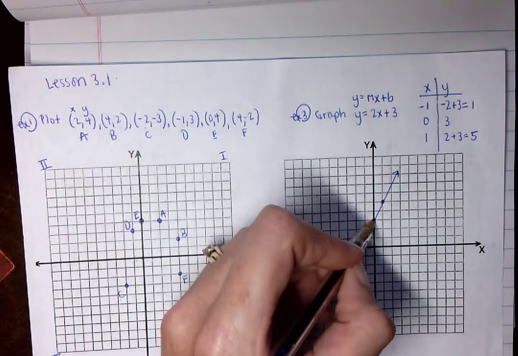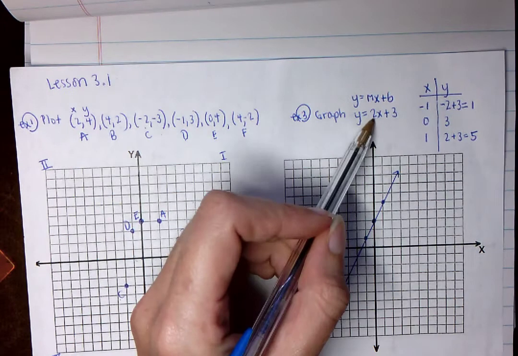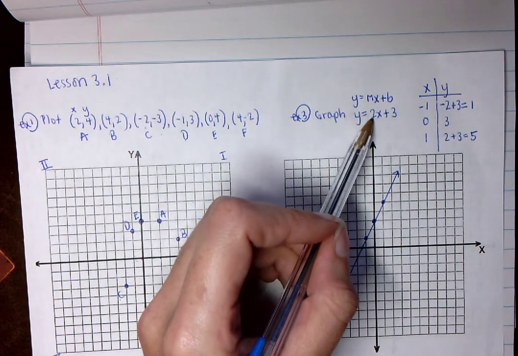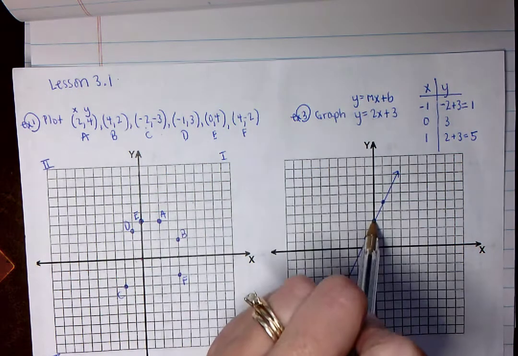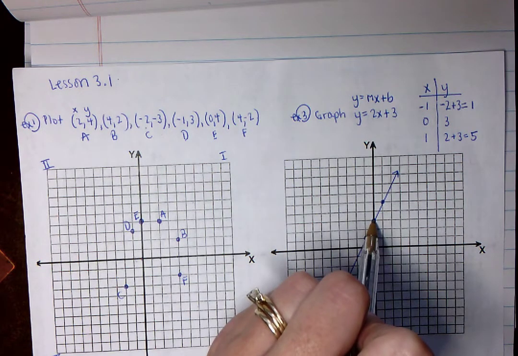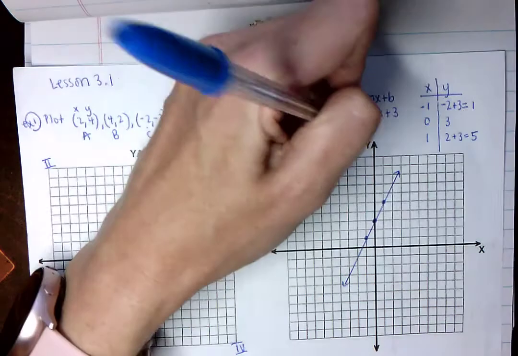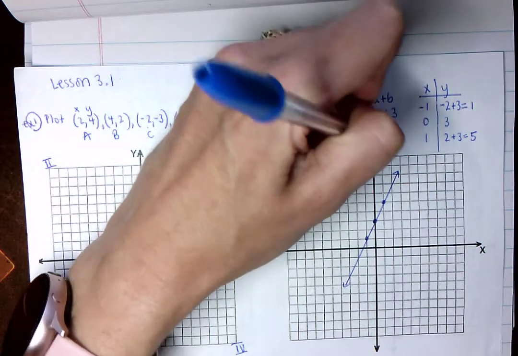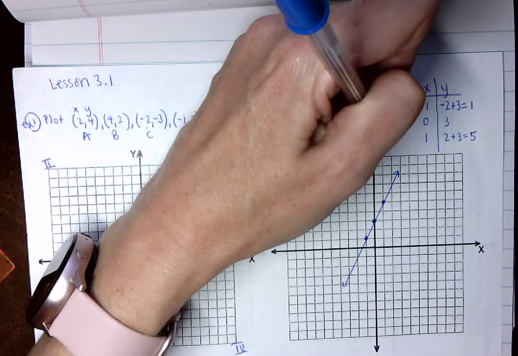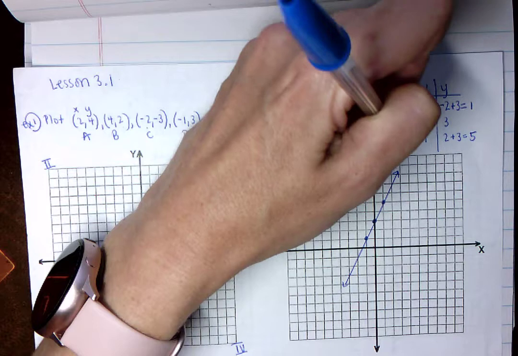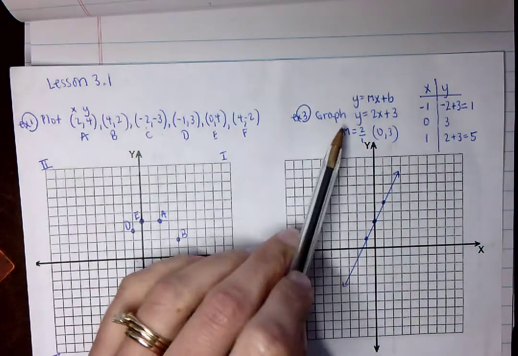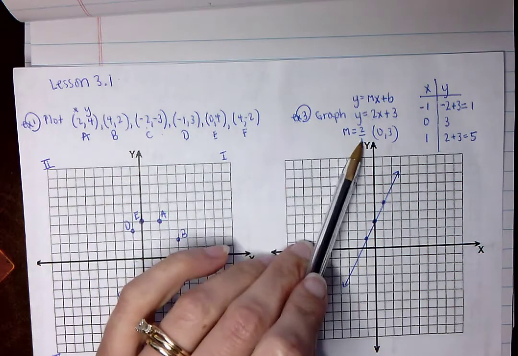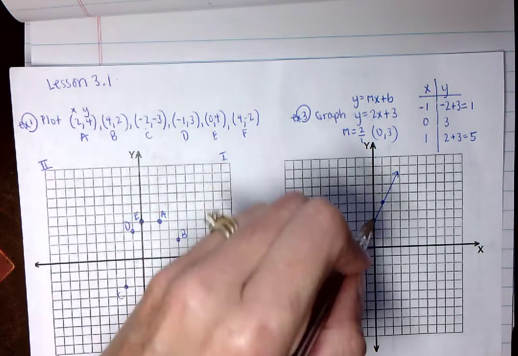Then from there, you can use your slope 2 or 2 over 1 to get your next point. So that would mean if you use 2 over 1, since our slope is 2 over 1, and the y-intercept is 0, 3. If we use the slope of 2 over 1, we're going to start at our y-intercept.